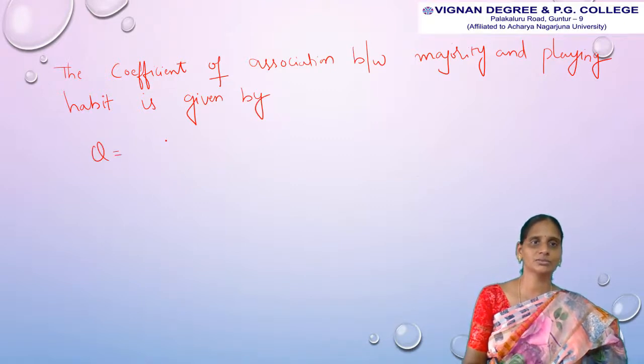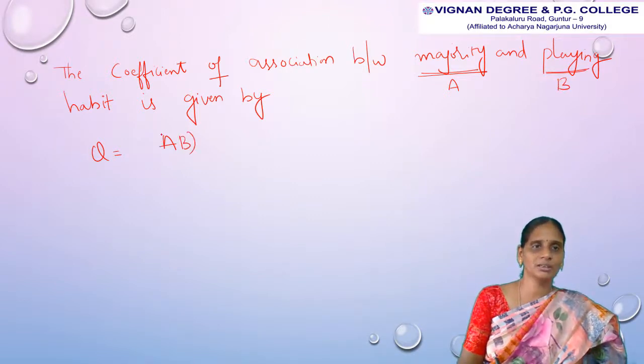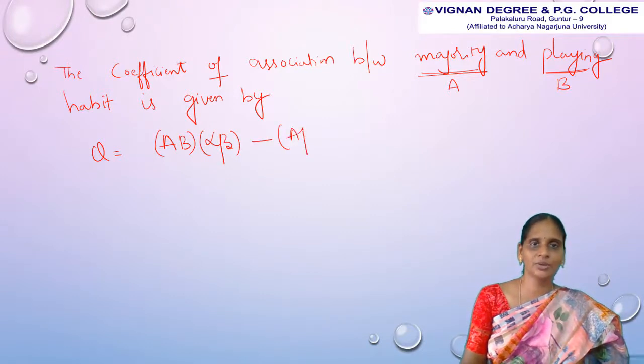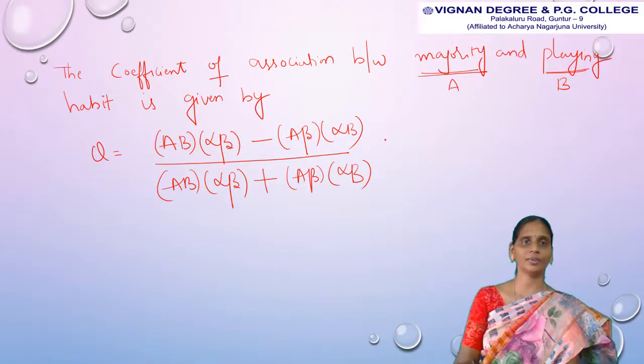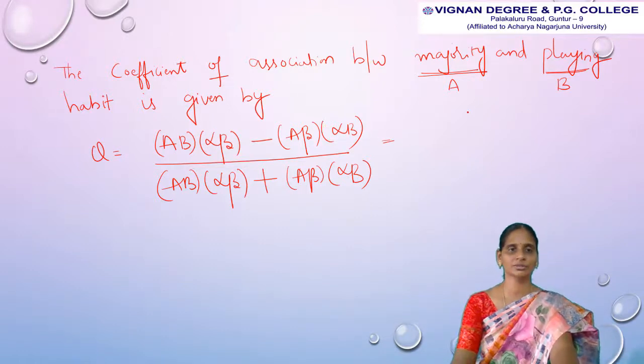Q is equal to. So in this problem, majority can be denoted by attribute A, and playing habit can be denoted by B. Q equals frequency of AB into frequency of alpha beta minus frequency of A beta into frequency of alpha B, divided by frequency of AB into frequency of alpha beta plus frequency of A beta into frequency of alpha B. We have to substitute values.